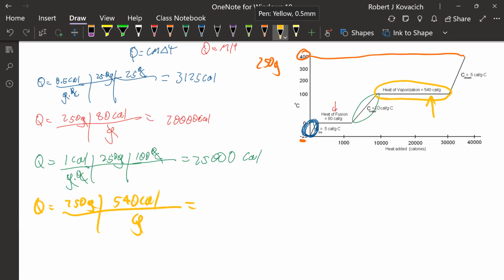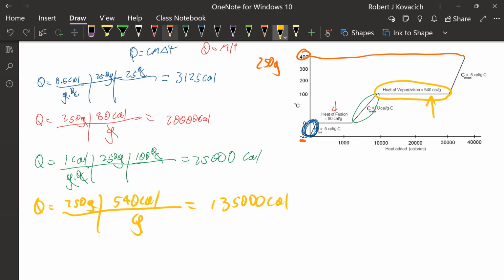And so that's going to give us 250 times 540, 135,000 calories. So that's super energy intensive. So it's almost 7 times harder to boil water than to melt ice. That's what we're looking at with the 540 compared to the 80 calories per gram.